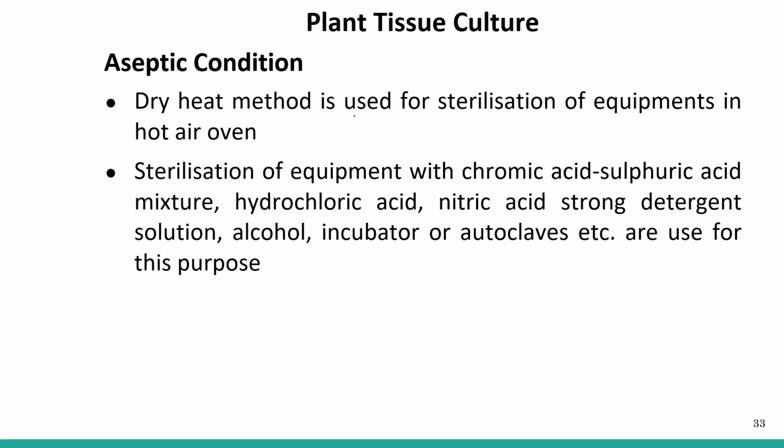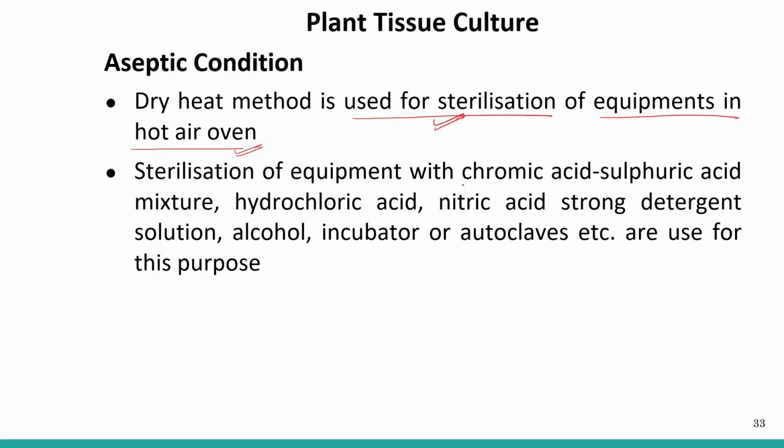Dry heat method is used for the sterilization of equipments in the hot air oven. Whatever equipment you are using, put it in the hot air oven for some time, and all the microbes attached to that equipment die off. And this is the way to sterilize our equipments.